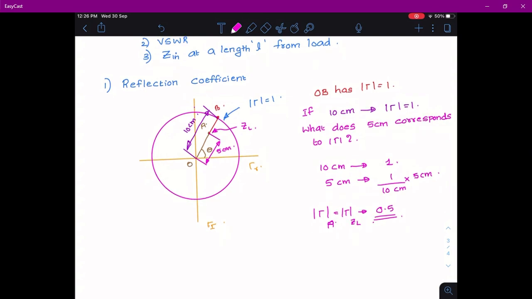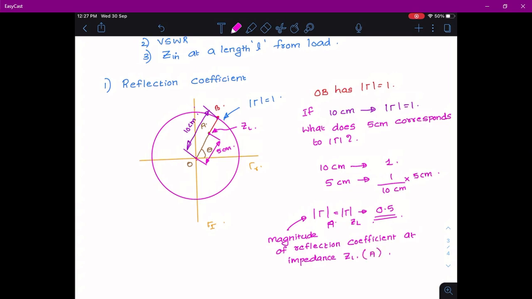So whenever you want to measure the reflection coefficient corresponding to any particular impedance, you draw a straight line from the origin to the point, then you extend that point to the outer circle, you measure the distance from the center to the outer circle, you also measure the distance from the center to the point, and the ratio of the distance of center to the point to the center to the outer circle will give you the magnitude of reflection coefficient at impedance ZL. So currently it is at point A.